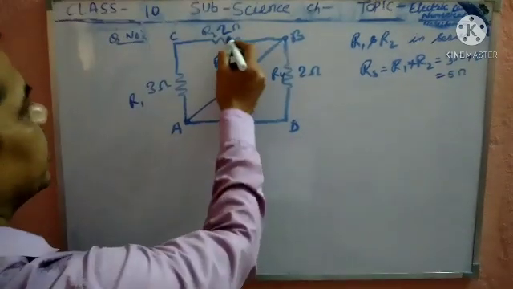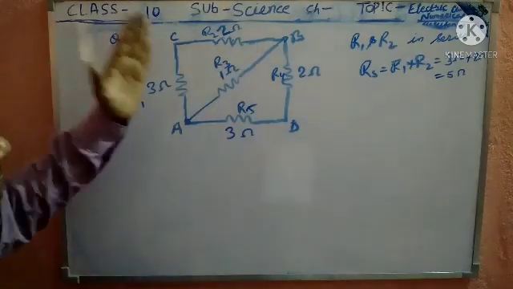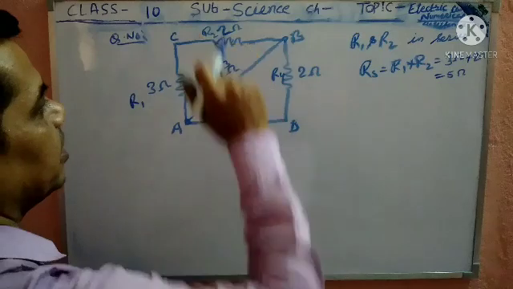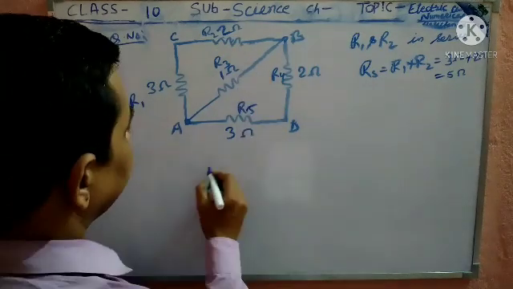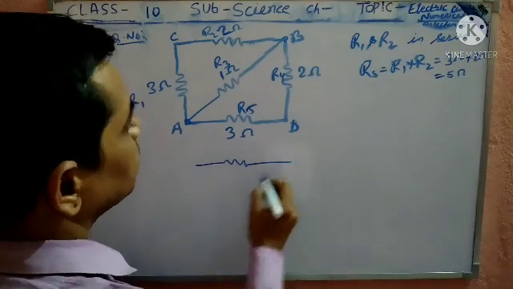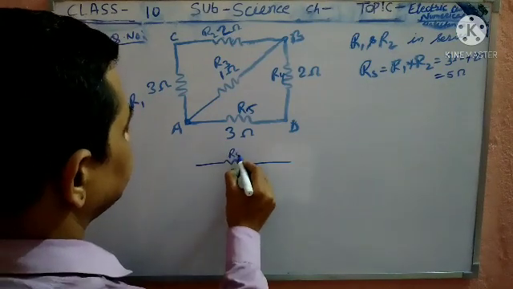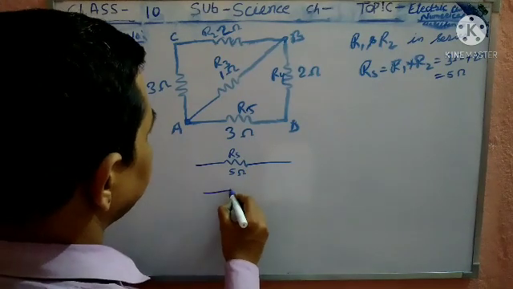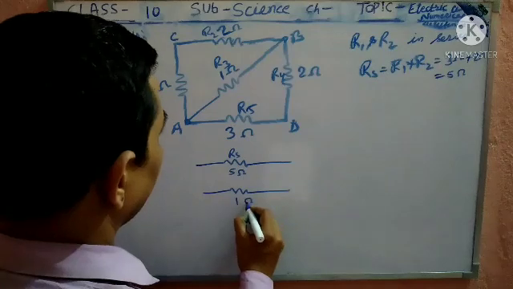This branch comes to 5 ohm. In previous classes we also discussed the triangular circuit types. Another is 1 ohm, in parallel.